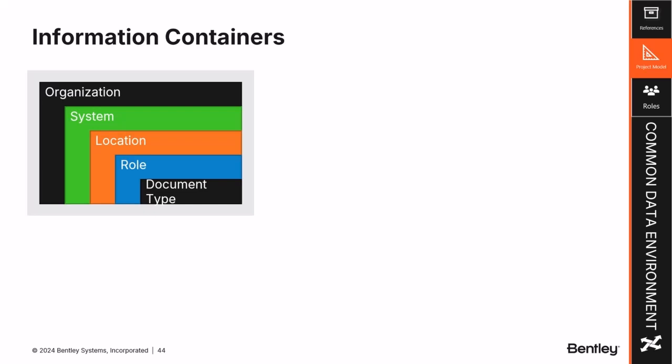For our exercise, we were using the UK 2019 addendum or add-on, if you will, to ISO 19650. So the actual framework of ISO 19650, it doesn't spell out how to create your information containers or how to actually define them.